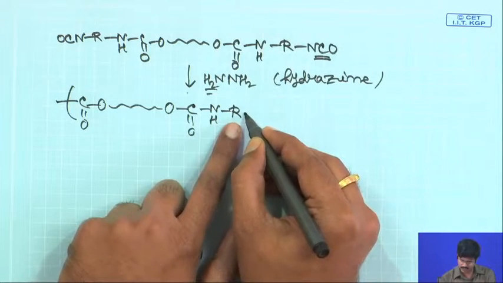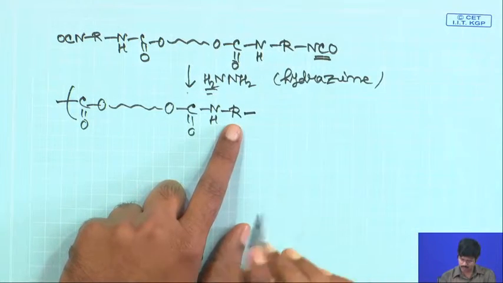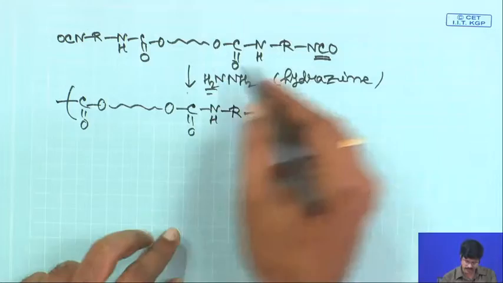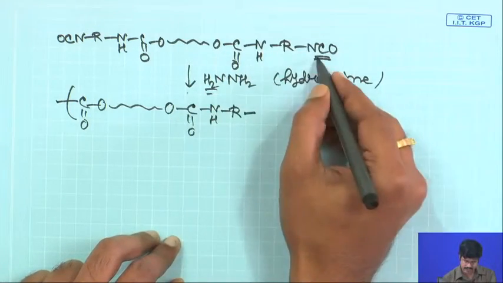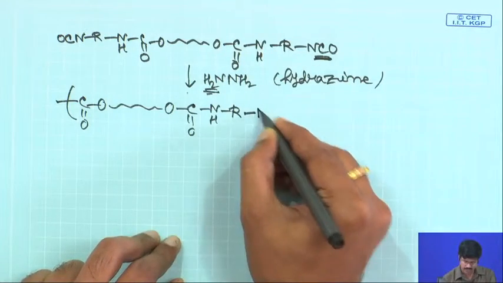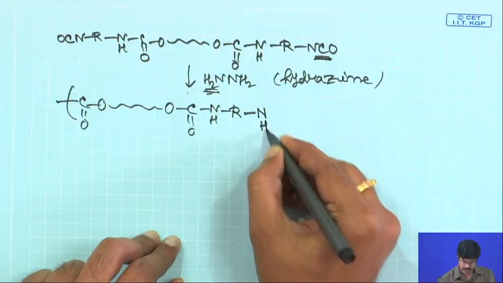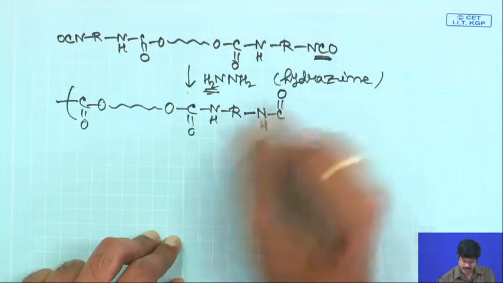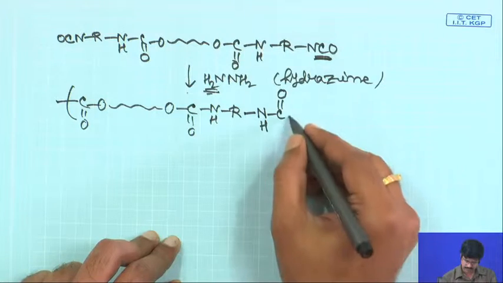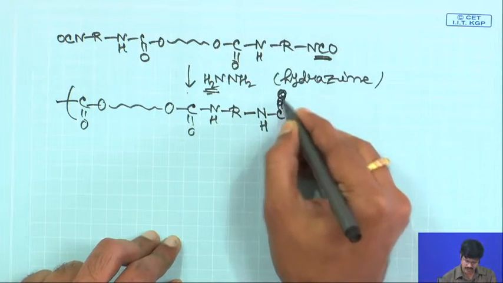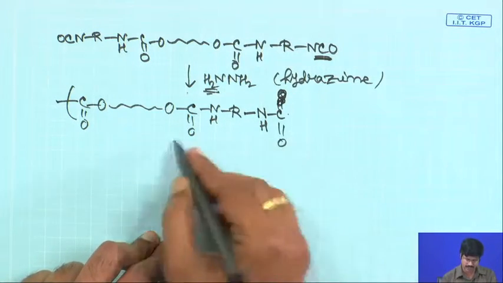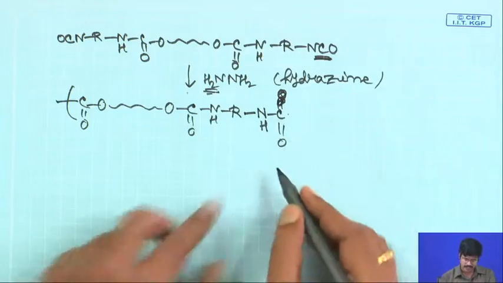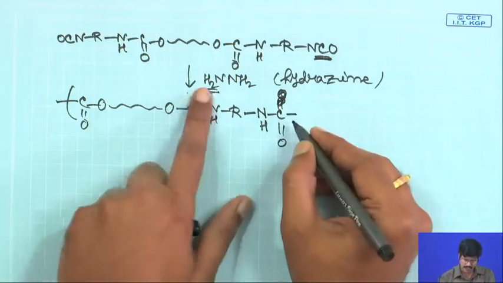So, when you are doing this, you have to do it very carefully, and you have to look at all the atoms that you are reacting. So, this NCO will react with NH2. So, that will be your NHCO. So, in fact, let me draw the carbonyl on this side, because I am drawing all the carbonyls at the bottom, it does not matter. So, NHCO, and then you have this amine.